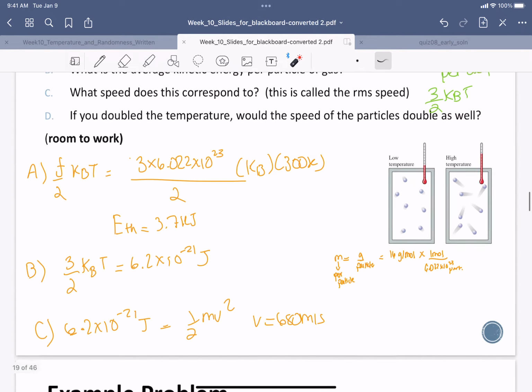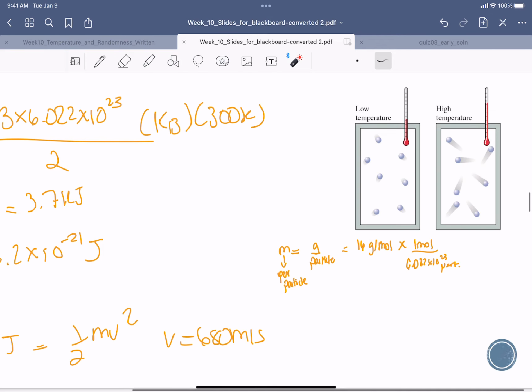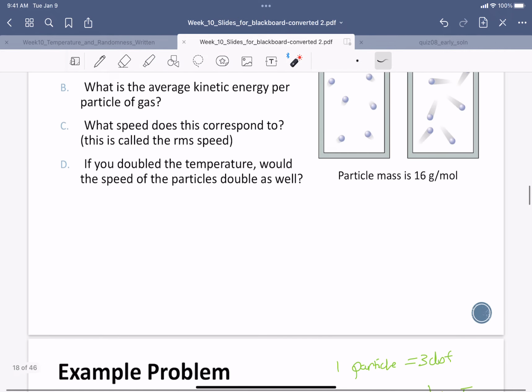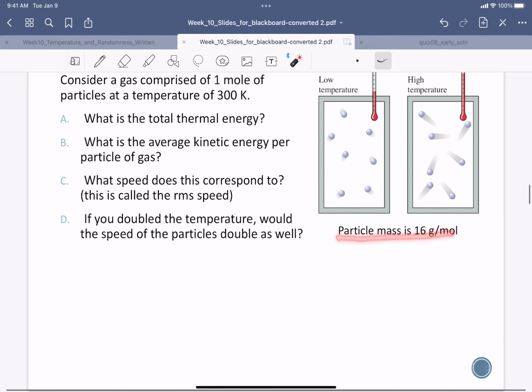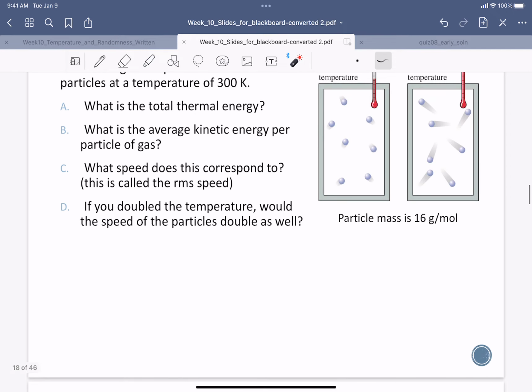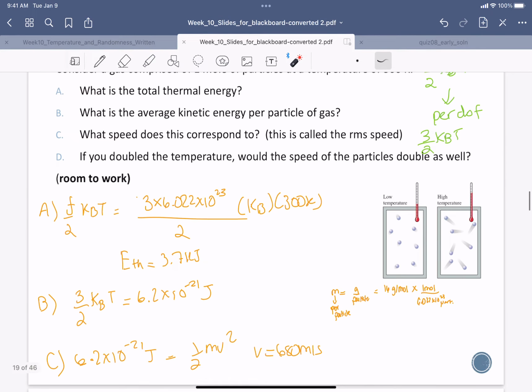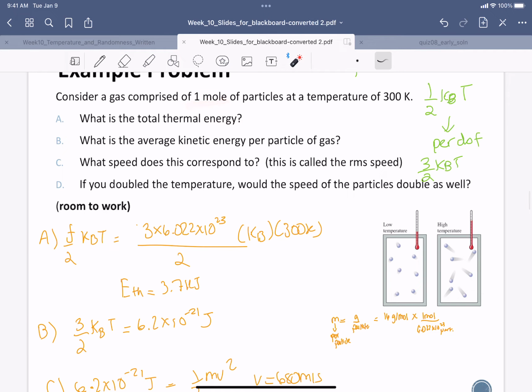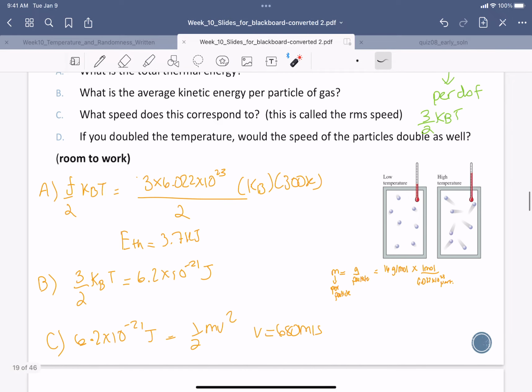Oh yeah, I got it here. I think they had the particle mass as 16 grams per mole, and they only had 1 mole of particles, so it'd be 16 grams, I think.